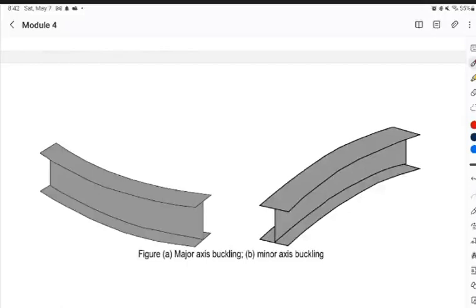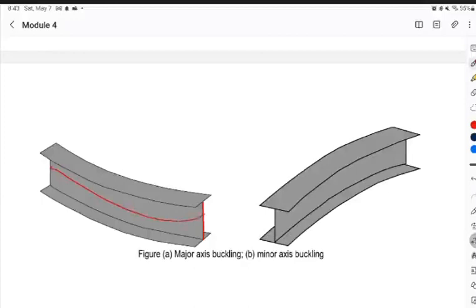What is major axis? Of course, guys, ang major axis natin will be this axis for the column. So, ang bending will be something like this. For wide flange, this is major axis buckling.